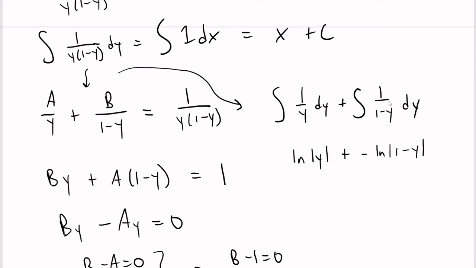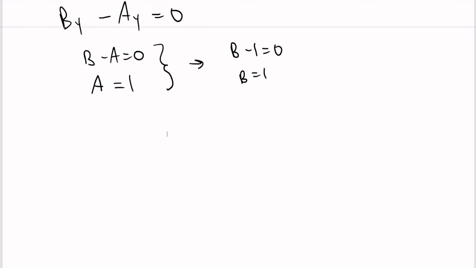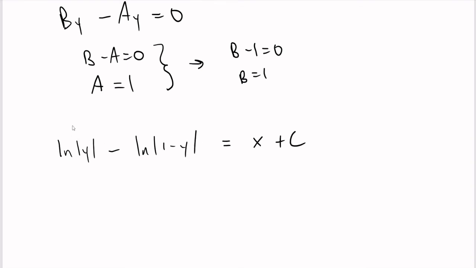You should do a u-sub here technically, and you have this negative on the y. That's why that pops out. Just be careful there. So all together, this is going to end up being log y minus log 1 minus y equals x plus c.